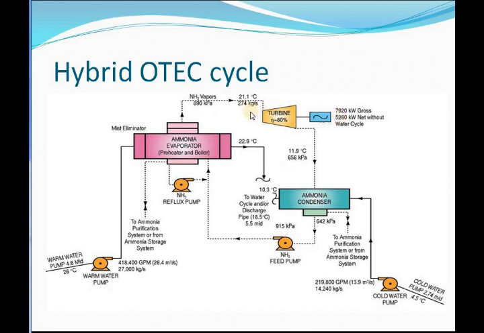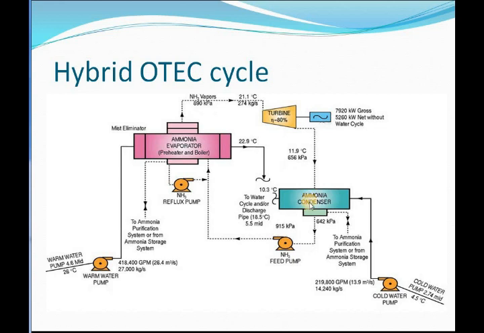Now when it is entering the turbine, it is at a temperature of 21.1 degrees Celsius. When it is leaving the turbine after the generation of electricity, it is at 11.9 degrees Celsius. So it has to be condensed back to the liquid state.